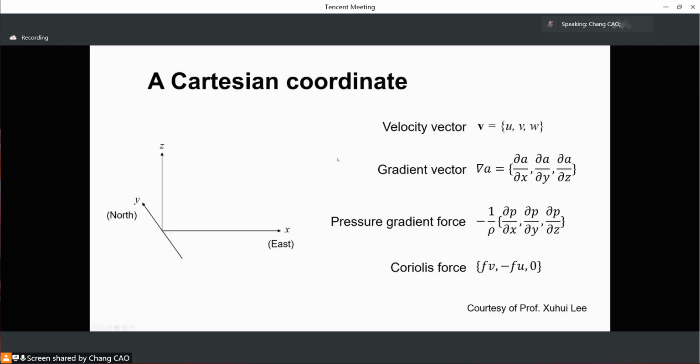Before we talk about the content of the first part, here is some basic knowledge about the coordinates.